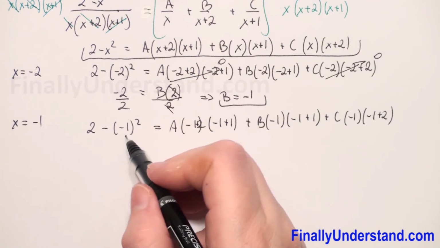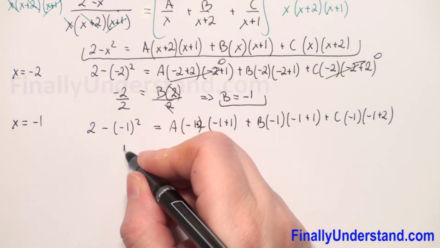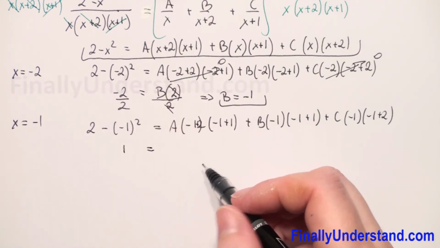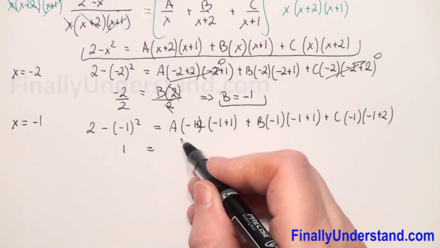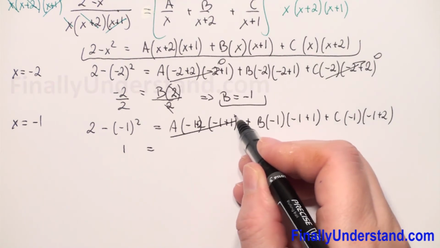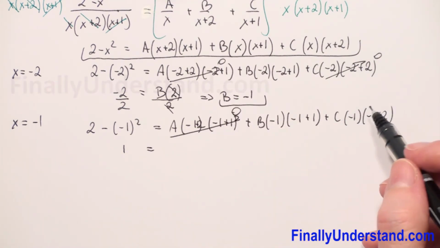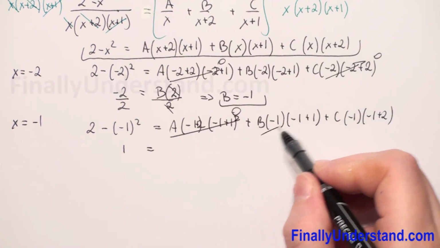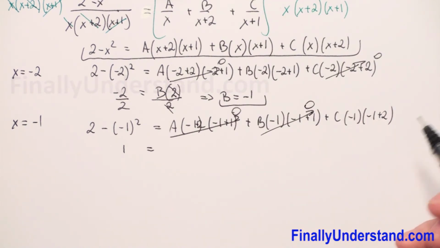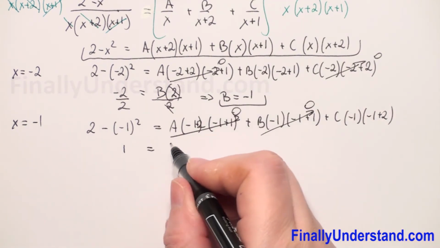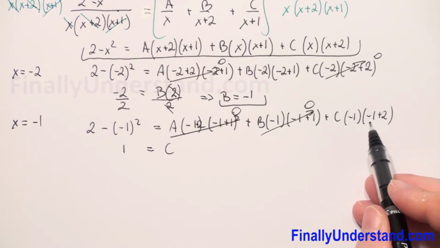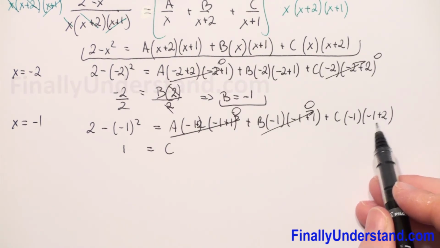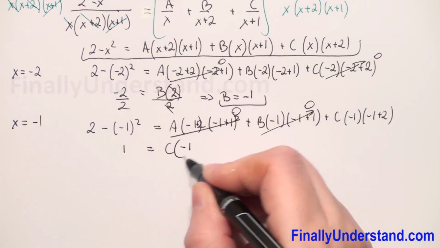So we have 2 minus 1, so this is 1, is equal to negative 1 plus 1 gives me 0, like I said, 0 times this gives me 0, so here is 0, and negative 1 plus 1 gives me 0, so this will be 0. So we have only c times negative 1 times 1, because negative 1 plus 2 is 1, is negative 1.